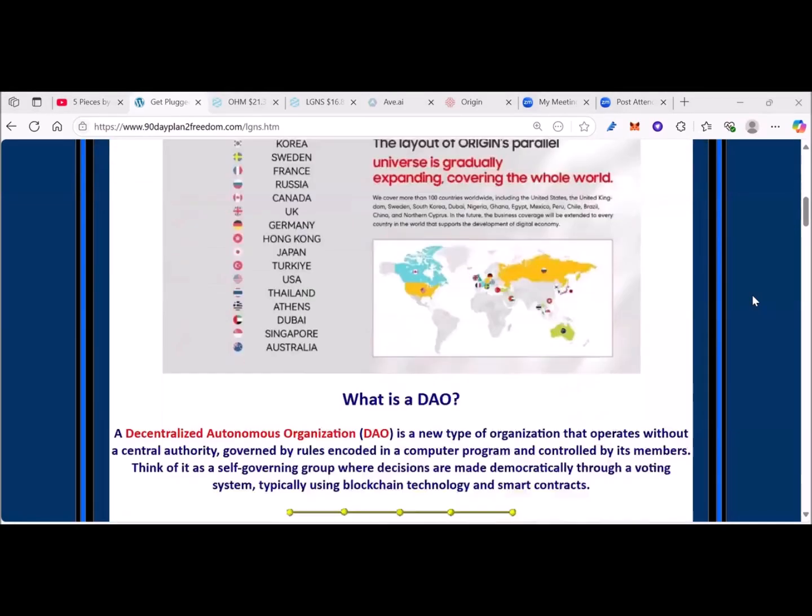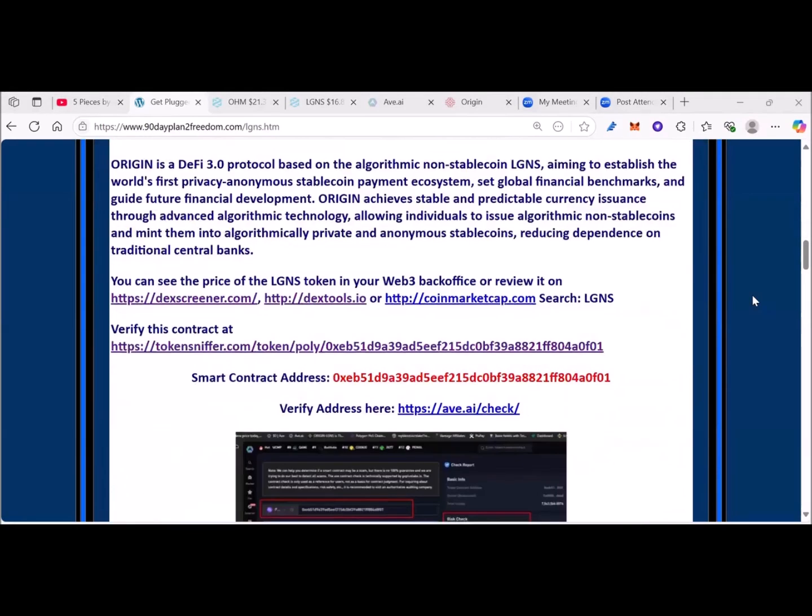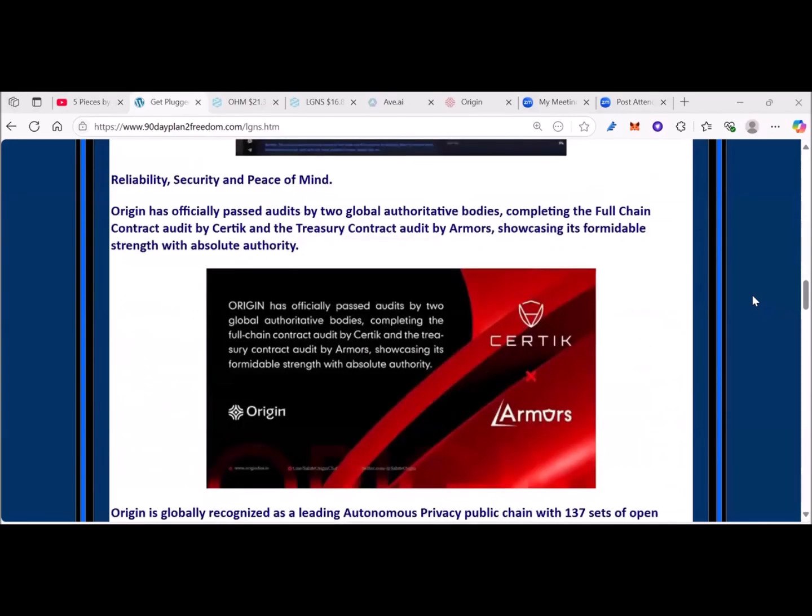Before we go forward, I want you to understand that this computer code, or this smart contract, has been audited by two global authoritative bodies, ladies and gentlemen. The first one is CertTech. CertTech did a full chain contract audit where they went through the computer code to make sure that everything was right.